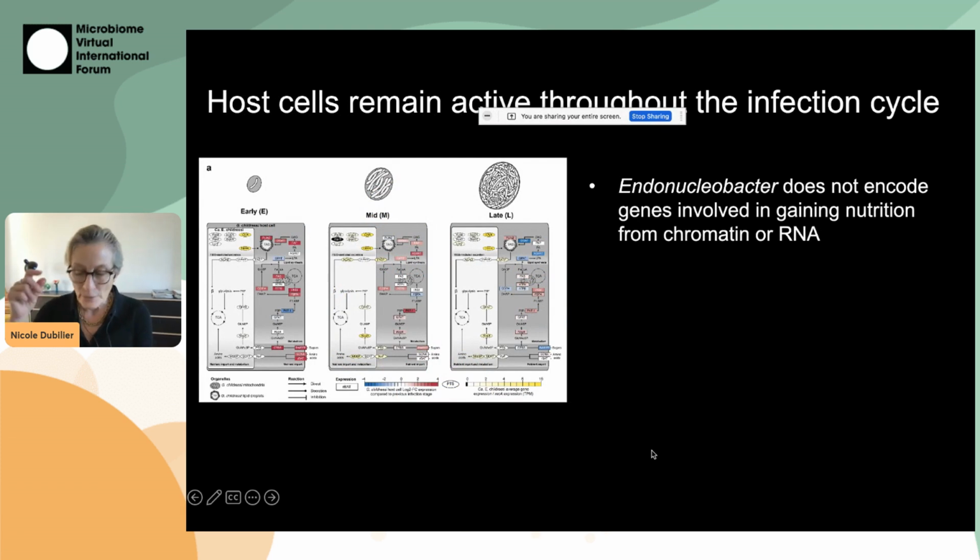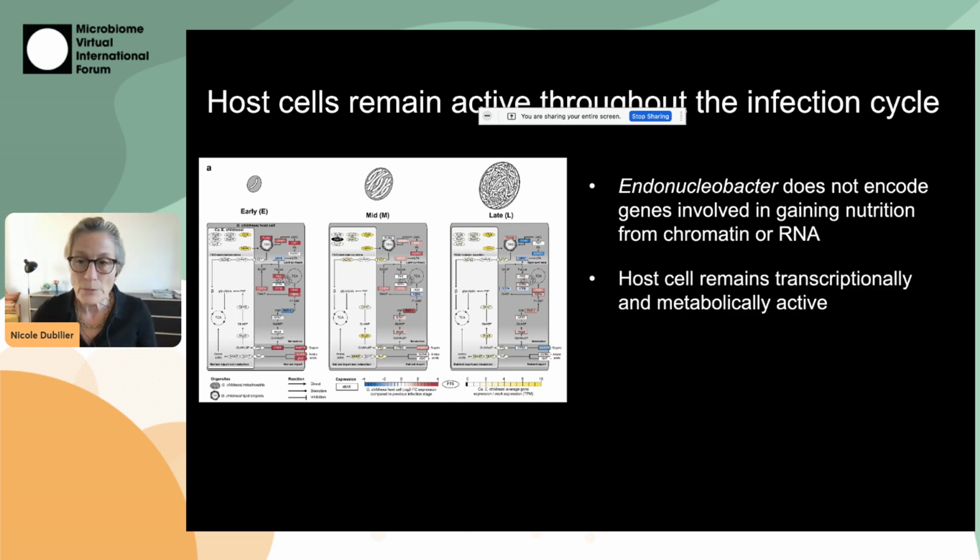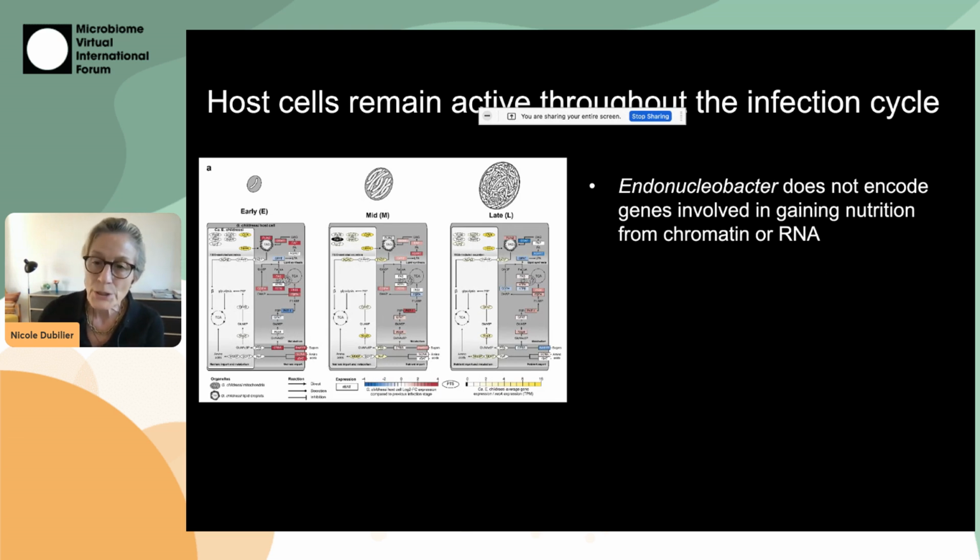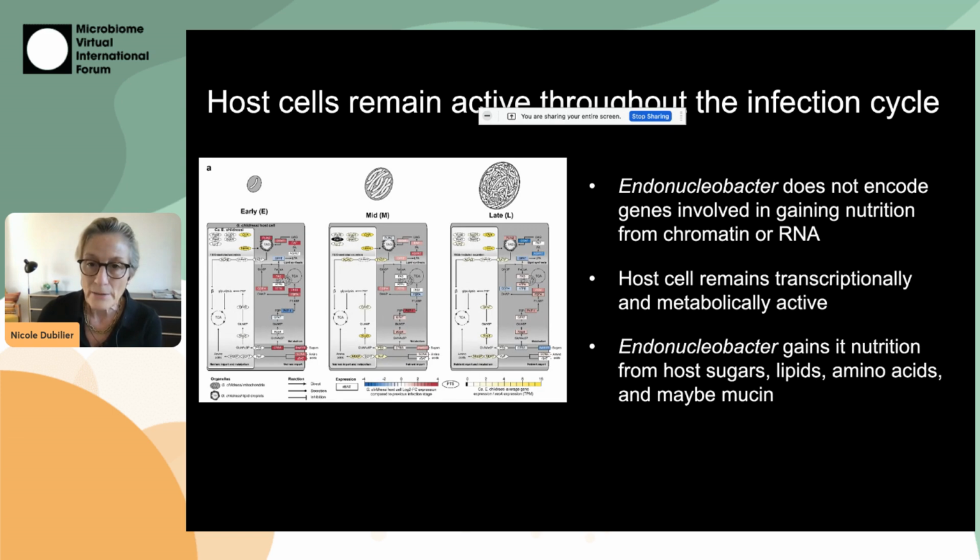In contrast to what we had first assumed, that they might be eating the DNA or the RNA of the host, we found no genes encoded for gaining nutrition from chromatin, RNA or DNA. That makes sense, because you want to let the cell stay intact for as long as possible. And we see that the host cells remain transcriptionally and metabolically active.